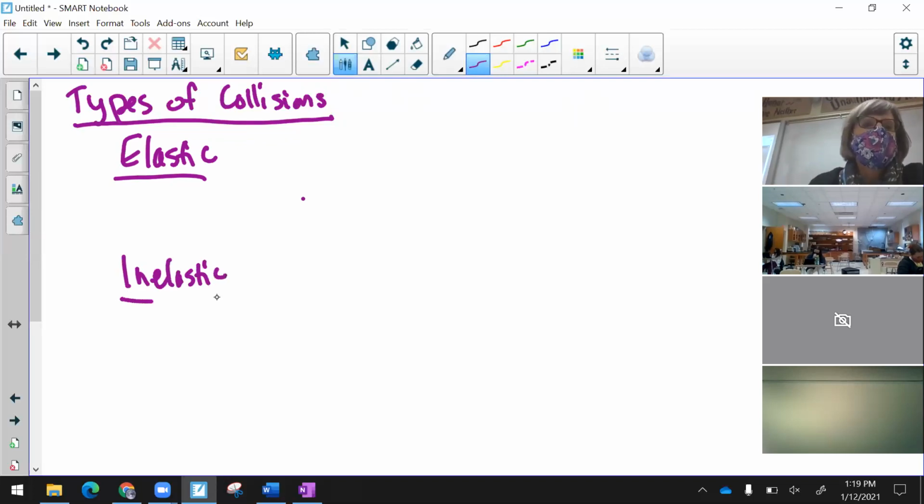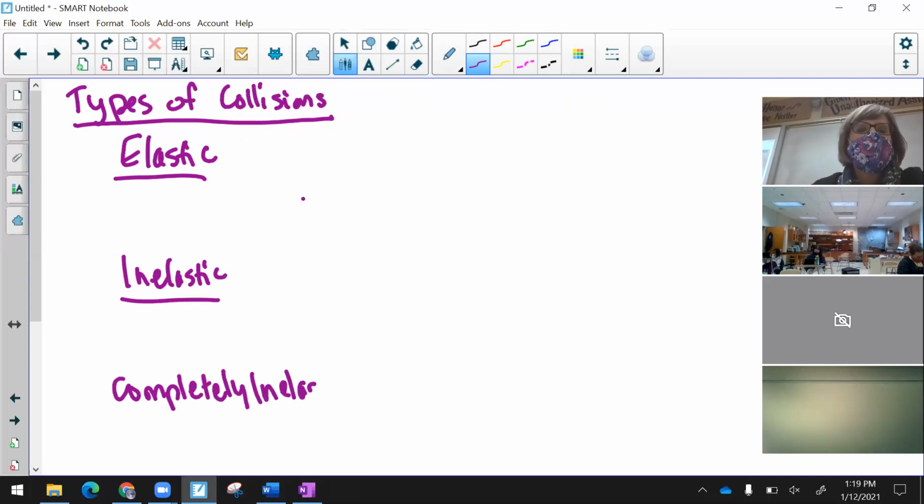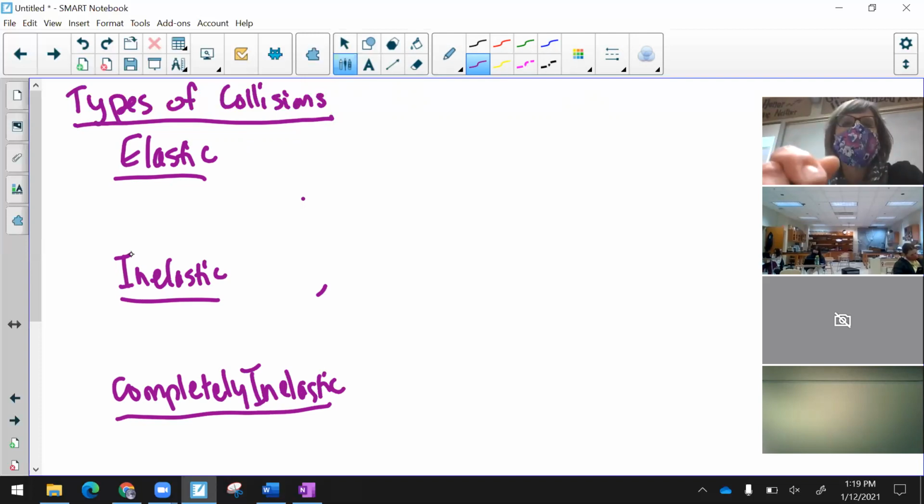We have inelastic collisions. And we have completely inelastic collisions. Which category does the Earth and the meteor fall into? Dagny, what do you think? Not just inelastic, but completely inelastic.